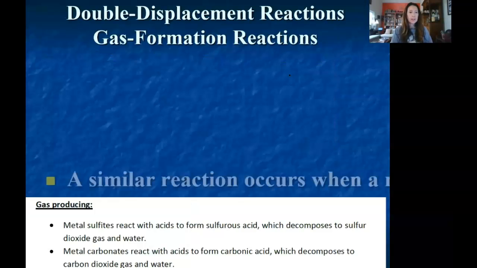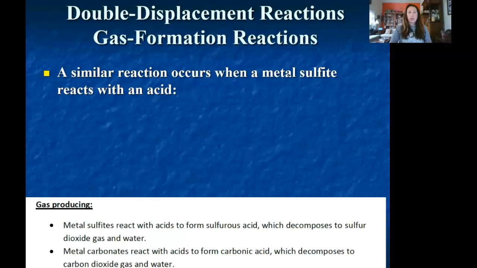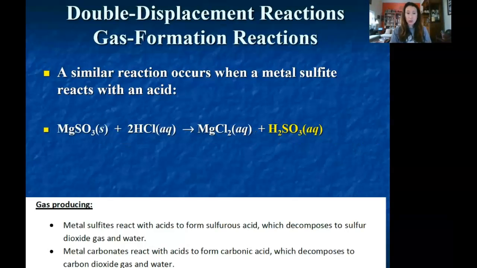Okay, so now, here is when a metal sulfite reacts with an acid. Here's the SO2, the SO3 one I was talking about. And again, this is going to be this rule right here. So a metal sulfite, this is a sulfite, reacts with any acid. This could be sulfuric, nitric, any acid to form our sulfurous acid.